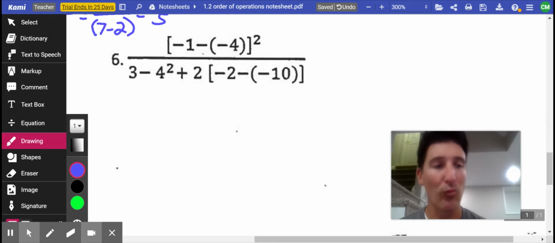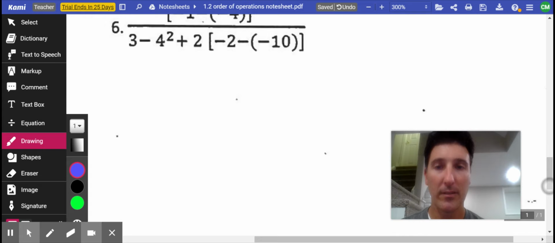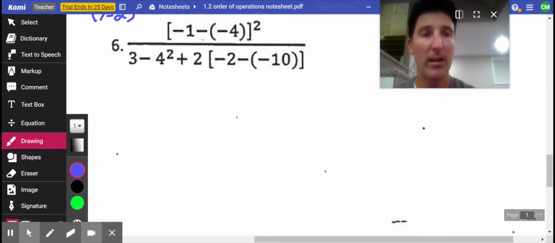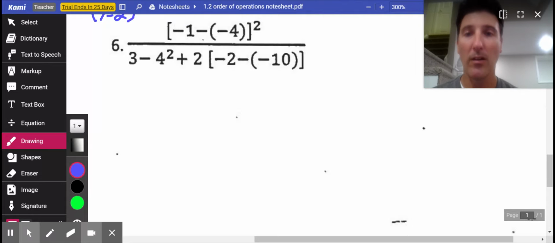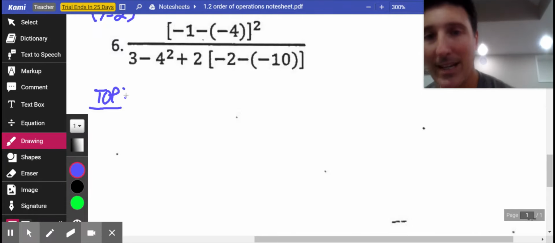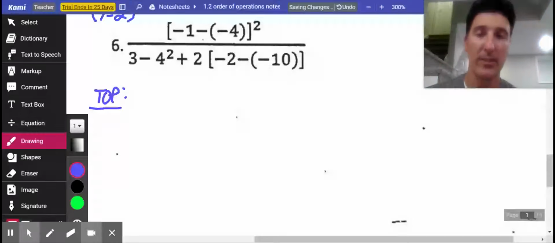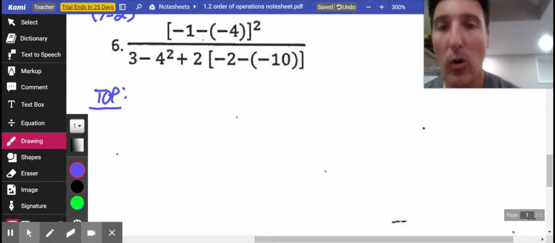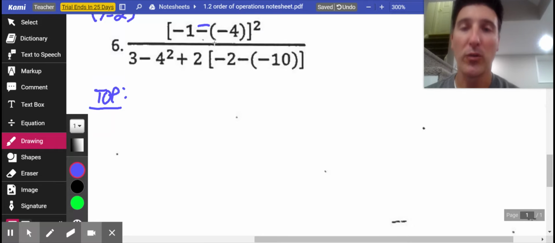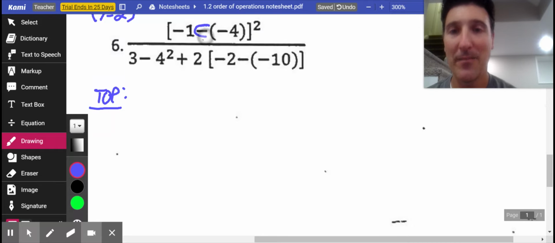So 6, let's really separate this. Let's bring it down. Let's get my mug out of here. All right, so I'm going to look at the top. When I do the top, I already have the parentheses and brackets in there. So really what we're going to focus on is what's on the inside. I'm not going to worry about this exponent until I do all the operations on the inside.